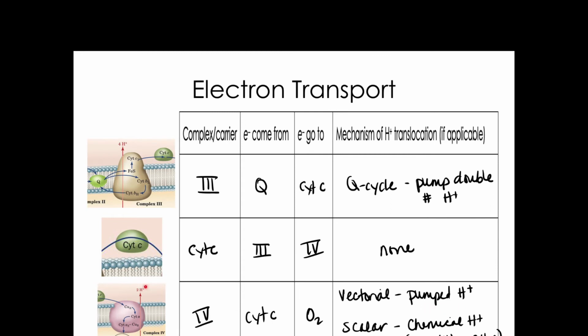So we actually have a physical translocation of some protons to contribute to the proton gradient. But we also have some protons that are taken up on the matrix side to help contribute to the proton gradient by just removing them from the matrix, not moving them over to the inner membrane space, but just by eliminating them from the matrix side. We call these scalar or chemical protons, and they're used in combination with molecular oxygen, and we should probably say plus electrons here as well, to generate water.